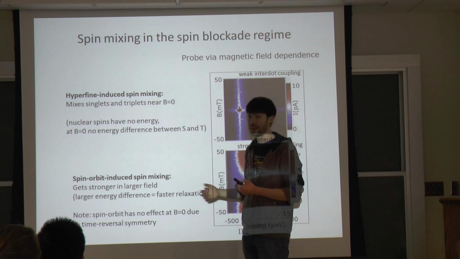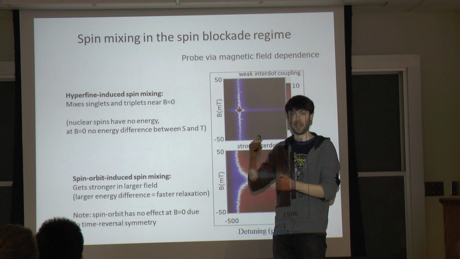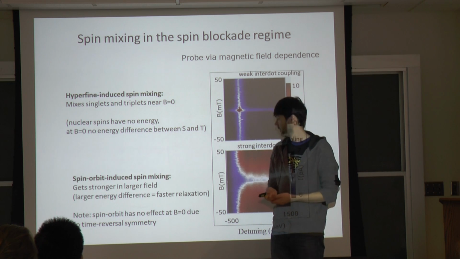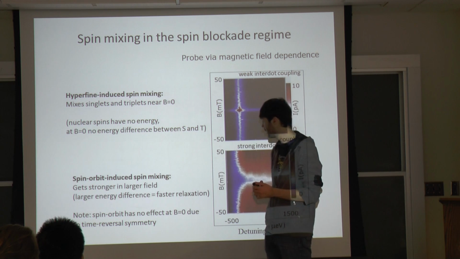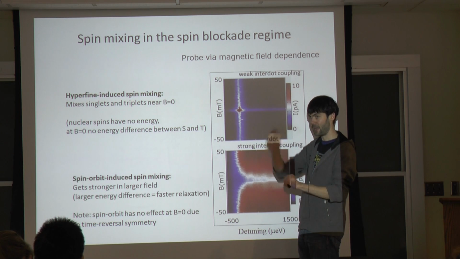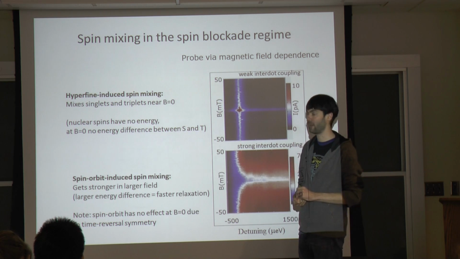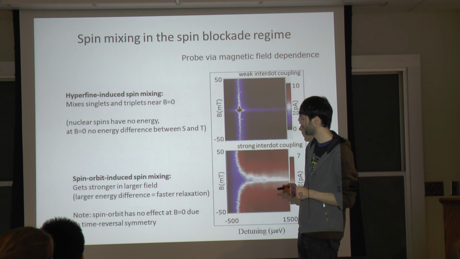The spin-orbit effect is the larger you make the energy difference, the better. The relaxation goes faster. This is a very naive way to explain this, but it's roughly correct. And so if you increase magnetic field, you increase the Zeeman splitting, and the spin-orbit interaction becomes more effective, and you get more current through this dot.